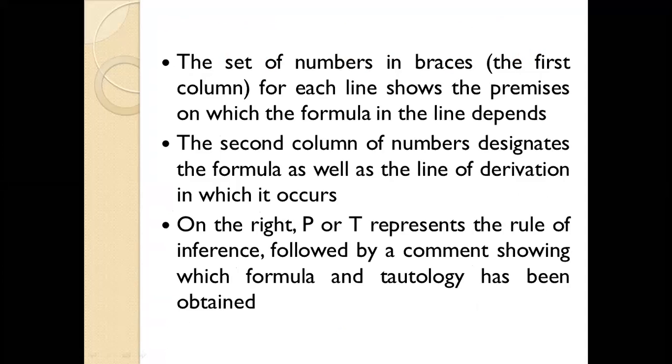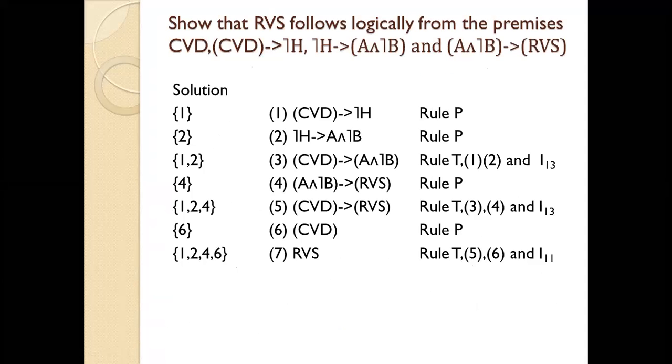So we'll apply that hypothetical syllogism in this problem statement. This is my P, this is my P, this is my Q, this is my Q, and this is R. So you consider that P implies Q, Q implies R will give you P implies R. So P is C or D, R is A and negation B. So rule T is being applied using rule P, that is 1, 2 and identity number 13.